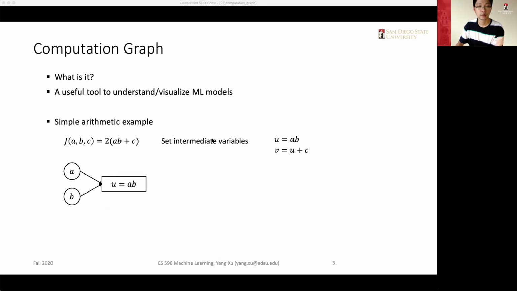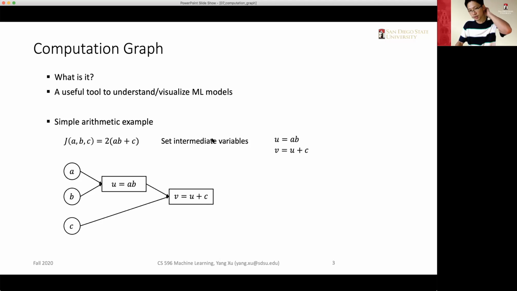With the intermediate variable, we need to combine it with c, and that's how we get v from u and c. And we have one more step to multiply the result of v with 2, and that is how we compute J here.